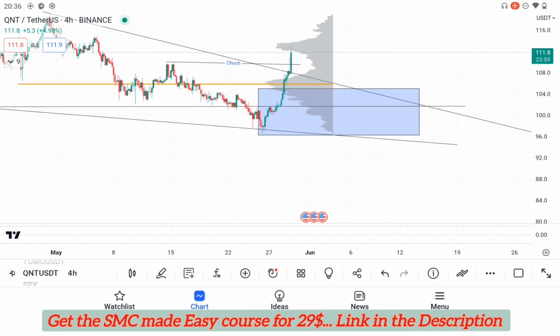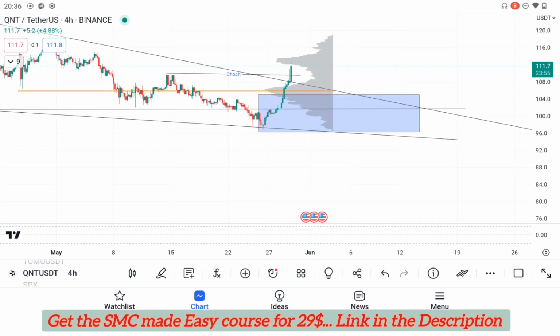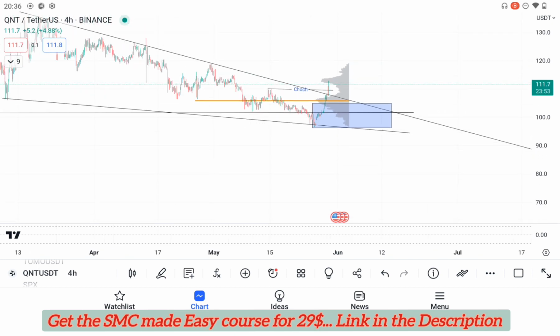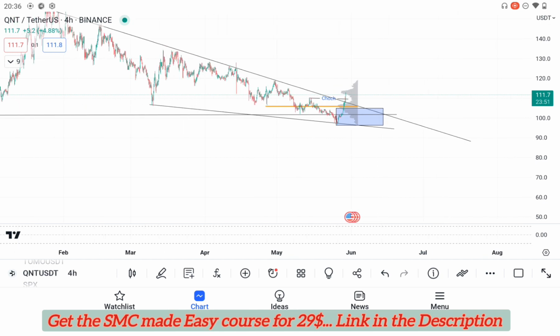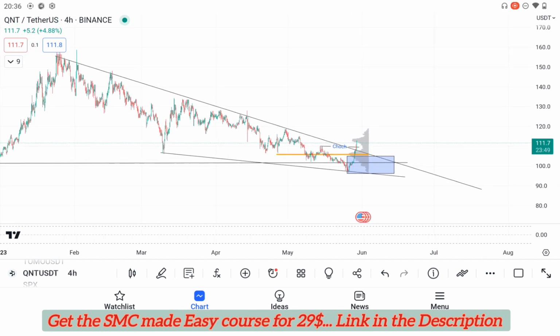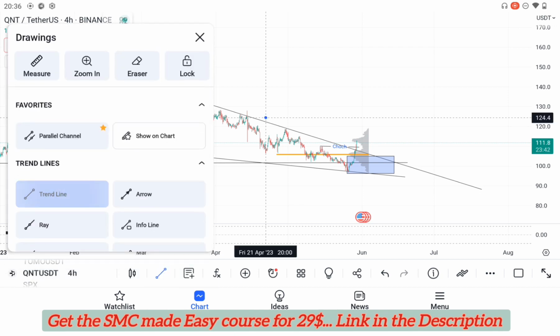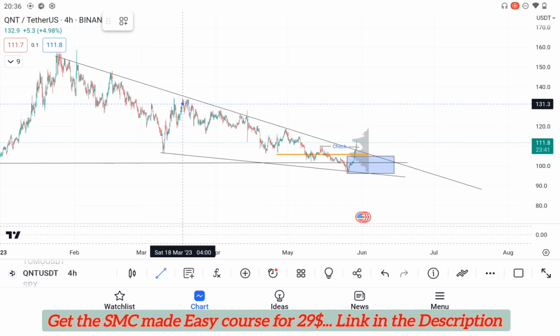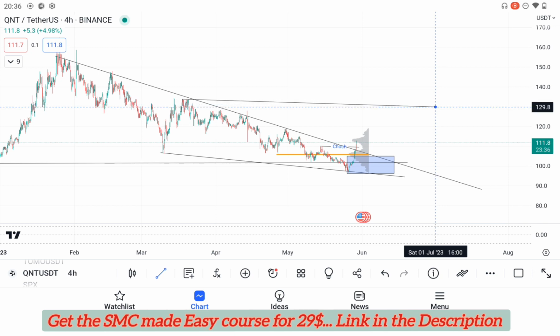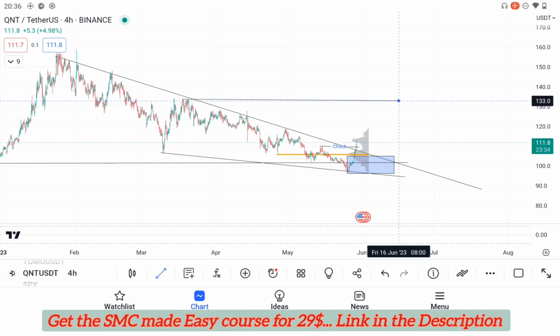When price retraces to this area, to this zone, we should be thinking of longing this asset, and our take profit is going to be a very massive one, because we're going to be targeting TP1. Somewhere around here should be your TP1, 132.